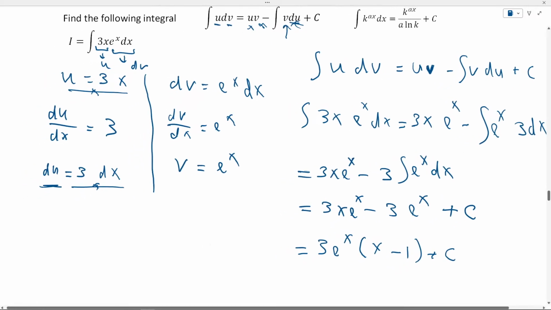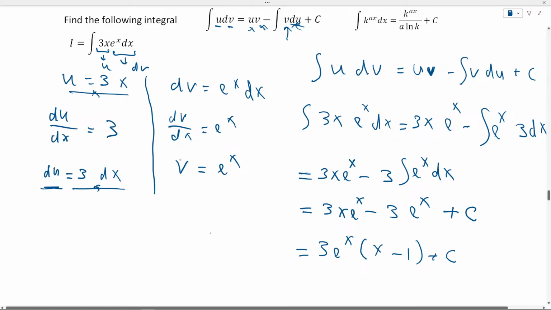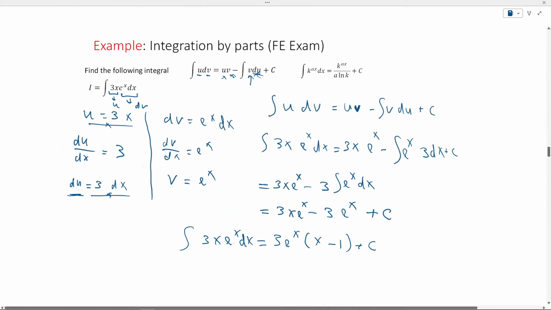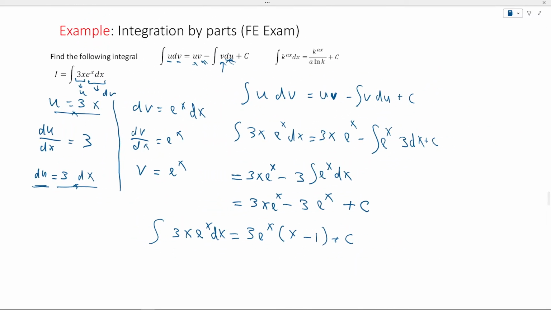So let's just see what we did here. I'm telling you the integration of 3x e to the power x dx is equal to something like this. Have we seen this before? Yes, this is in the previous lesson. Let me show you the previous lessons where we did this before.